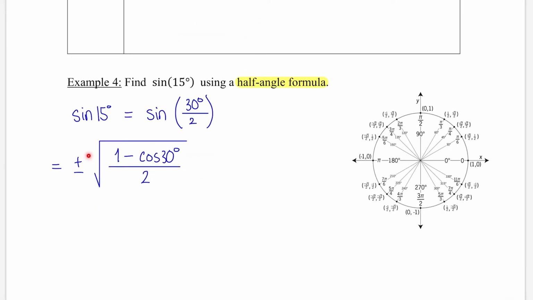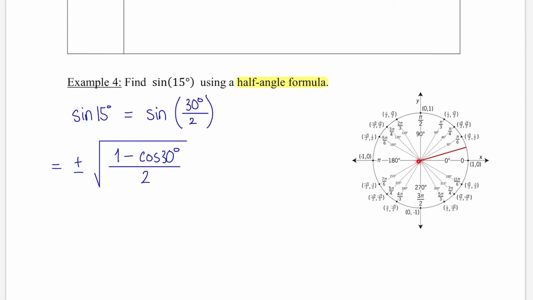I have to choose the correct sign for my answer. It's either plus or minus. And this depends on my angle. My angle is 30 divided by 2, which is 15. 15 degree is in the first quadrant, right here. 15 is half of 30.